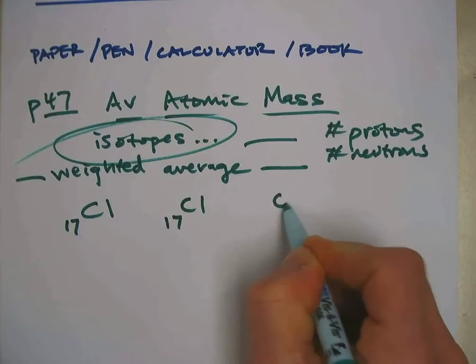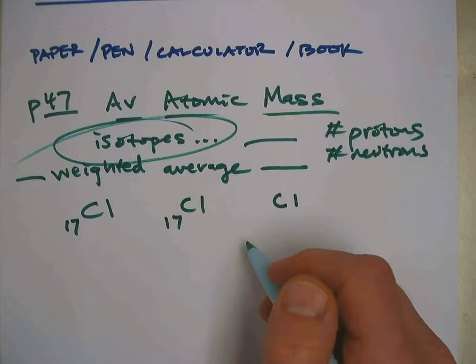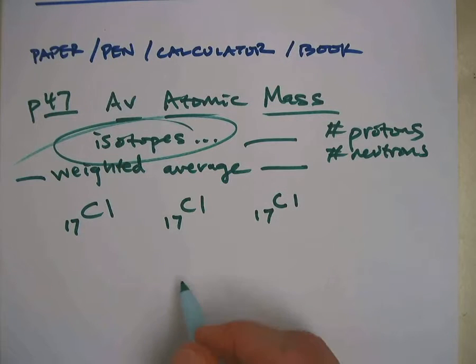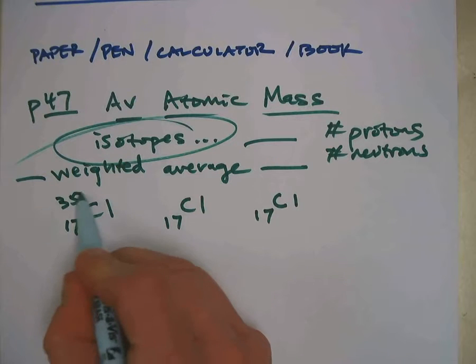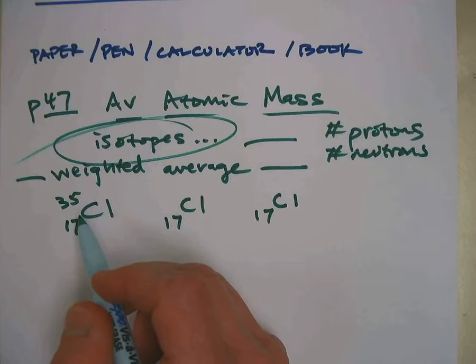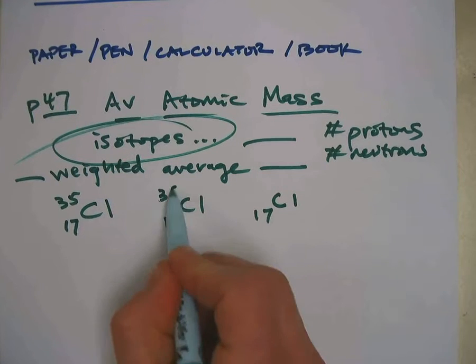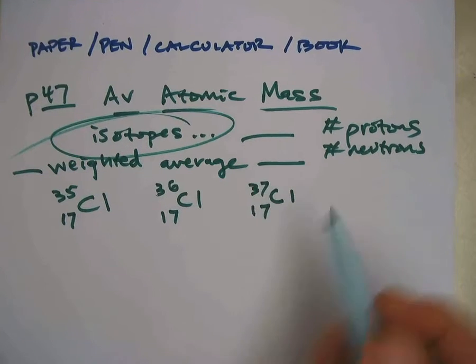And there are generally 3 naturally occurring isotopes of chlorine. One is chlorine-35, and the other one is chlorine-36, and the other one is chlorine-37.